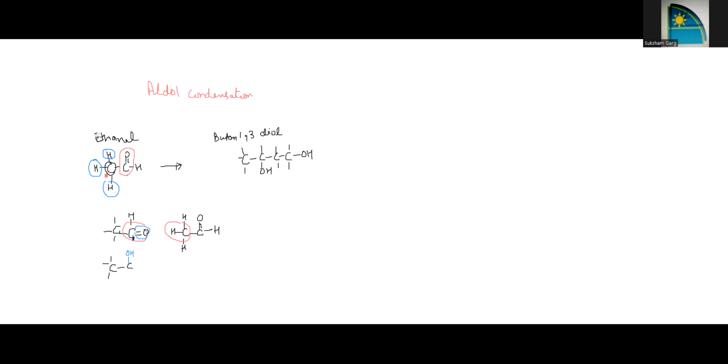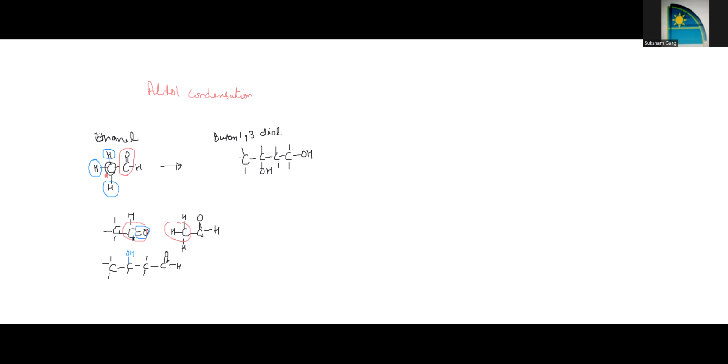Say OH. Okay. And then you start writing this carbon. Right now, don't fill the valencies. And then write this. All we need to do is we have to make carbon tetravalent at each and every point.